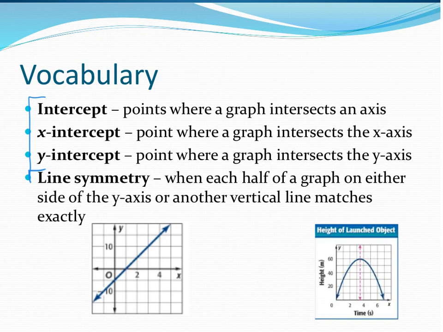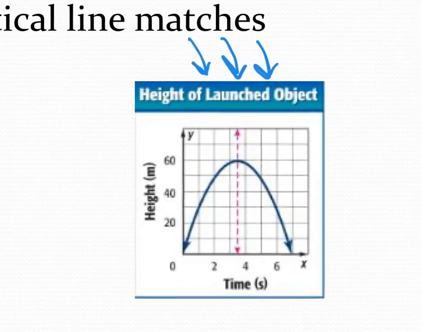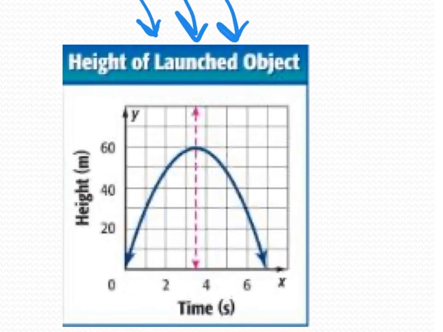Now, this last one, the line of symmetry. The line of symmetry is the line that cuts a graph perfectly in half. So its example is over here. I'm going to zoom in over here. In this graph, we have a parabola. This graph is called a parabola or a curve. The line of symmetry is the one that goes straight down the middle.